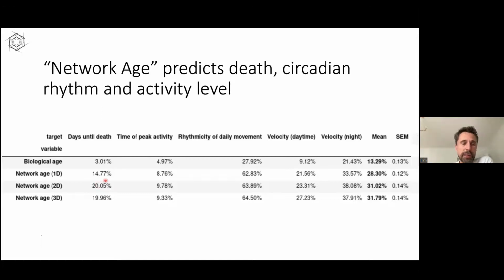This prediction gets better for death prediction, but also, although not strikingly well, we can predict the time of the biggest activity peak for that individual. We can also predict other parameters that I'm jumping over in the interest of time, but we can talk about that later.